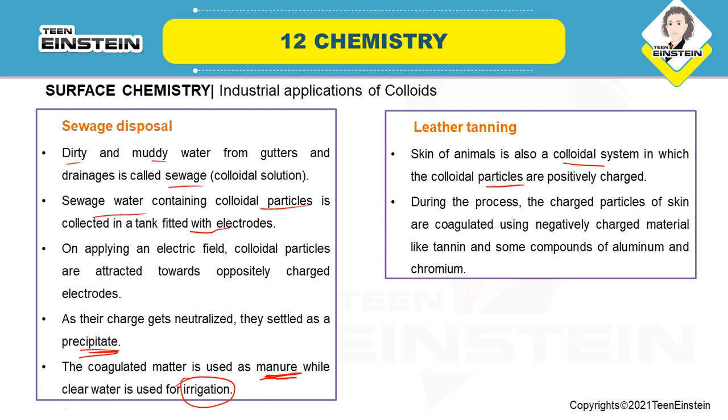Okay, so when we are trying to do the tanning, during this process the charged particles of skin will be coagulated, and it is possible when a negatively charged material like tannin is used, and also sometimes compounds of aluminium and chromium are used. Okay, so in this way leather tanning is possible.